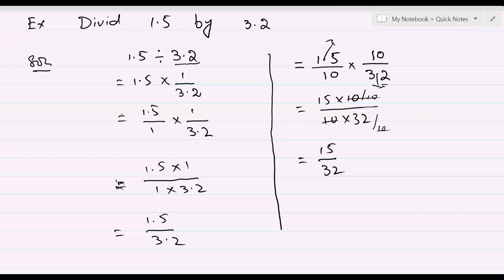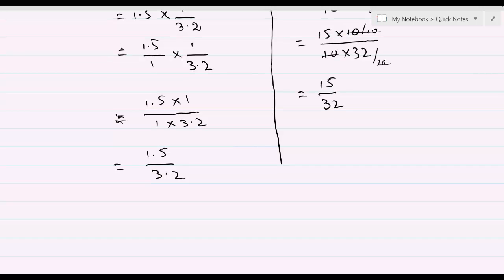And like I said earlier, division of decimals ultimately becomes division of integers, and here we are supposed to divide 15 by 32. If we want to convert this into a decimal, what is the dividend? 15.